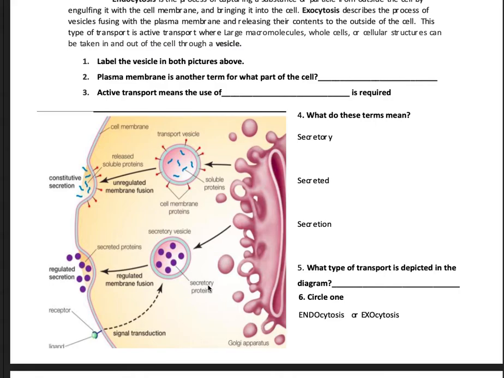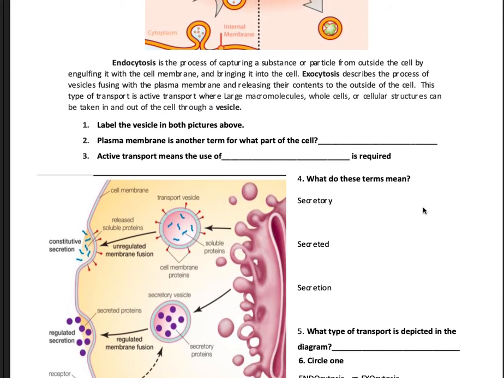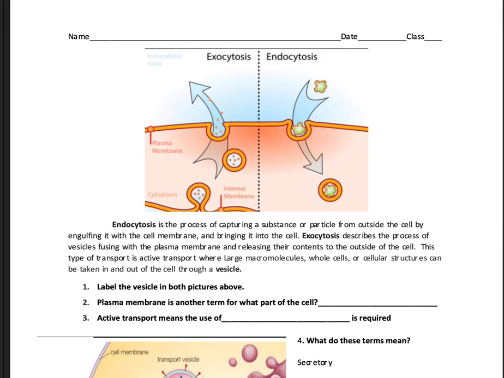If the cell can't use it, it is sent to the lysosomes, and the lysosomes break it down and send it outside of the cell through that secretory vesicle. And again, this is showing you exocytosis. It's a type of active transport. It does require ATP, or adenosine triphosphate, and I hope that is helpful.